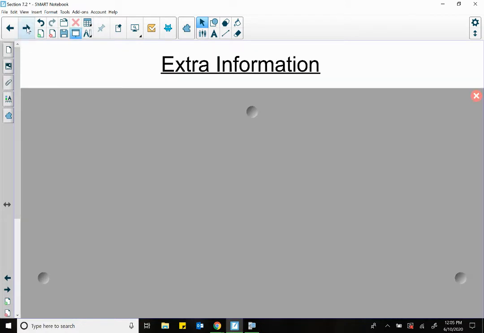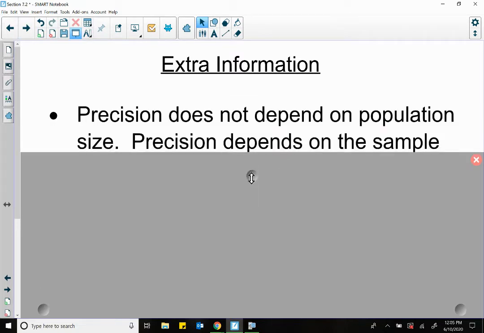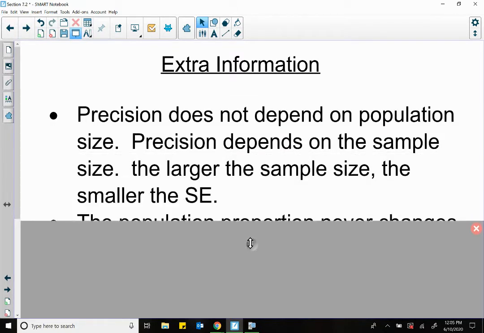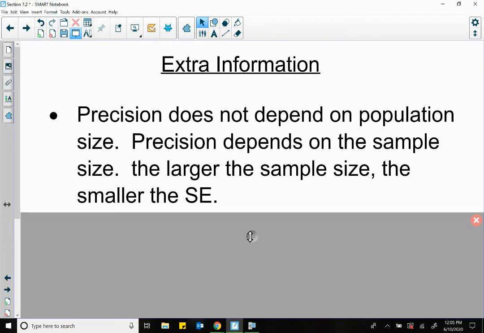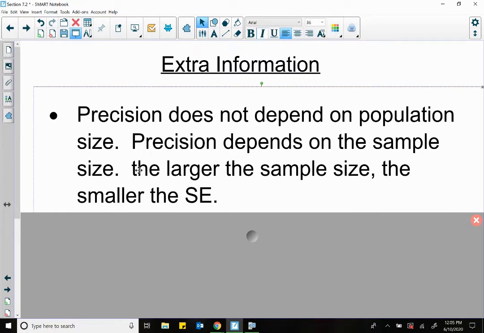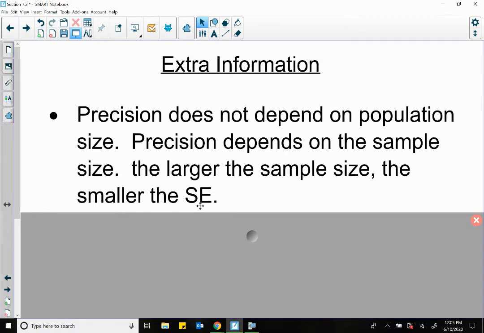All right. A little bit of extra information for us just about this. 1. Precision does not depend on the population size. Okay? Precision does not depend upon population size, but precision depends on sample size. Okay? The larger the sample, the smaller the standard error.